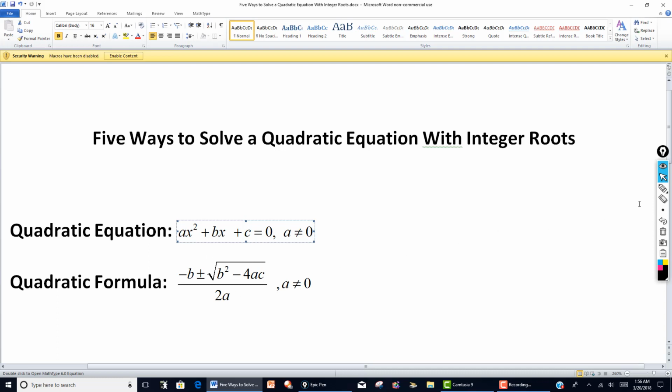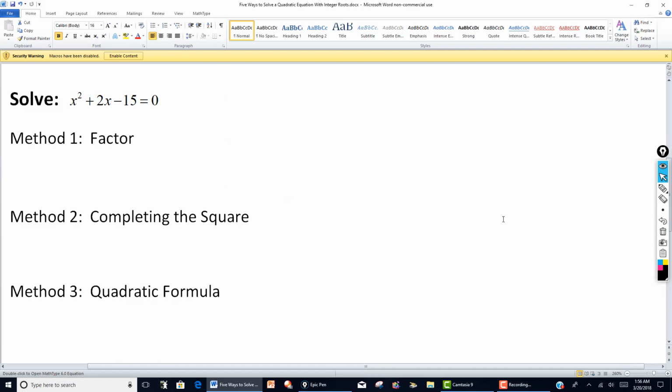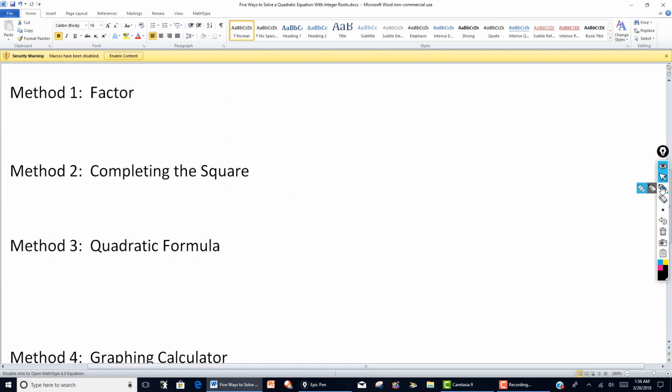Okay, so the quadratic formula then will be x is equal to, let me write the equation over here so you can see it. It's x squared plus 2x minus 15 equal to 0.